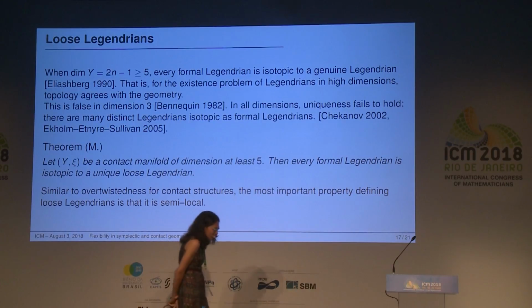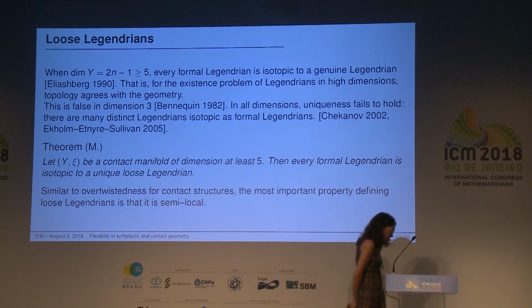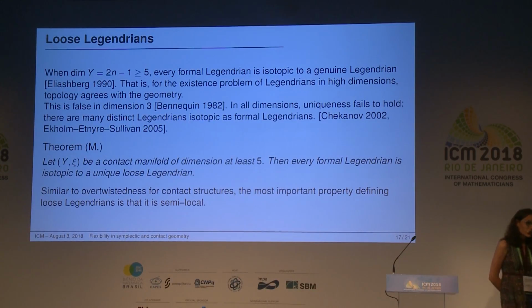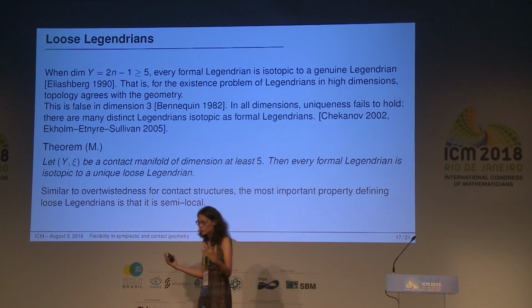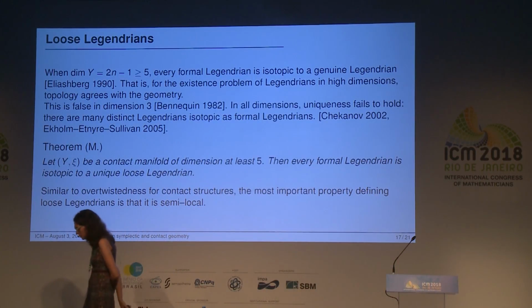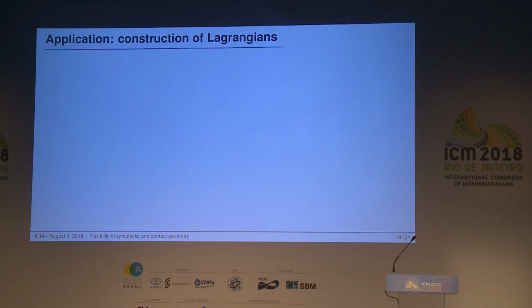And I won't define this, but again, it's the same sort of semi-local property that if I have a Legendrian containing a loose Legendrian, then it itself is loose. So that's a bit esoteric, as stated.